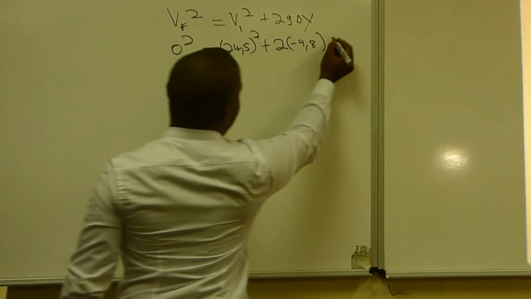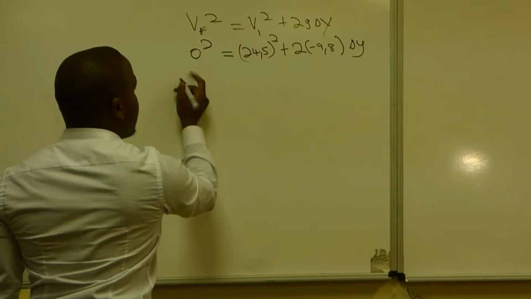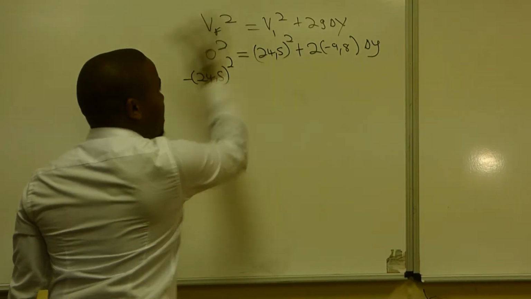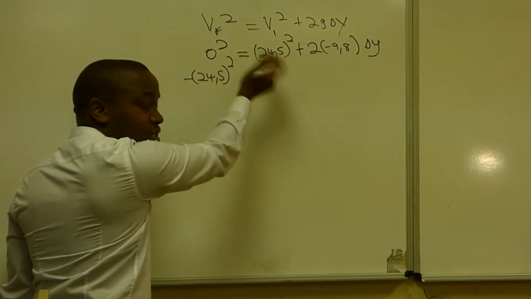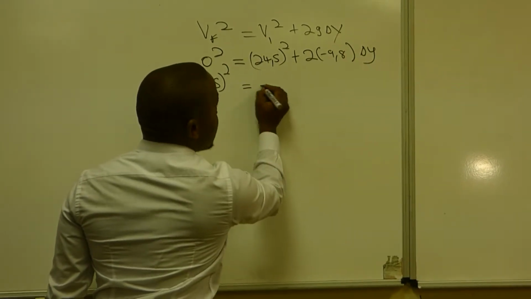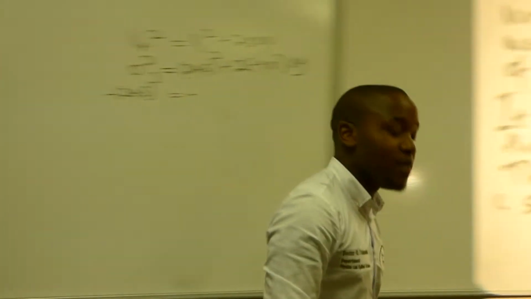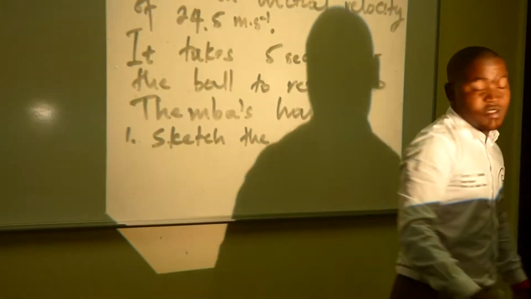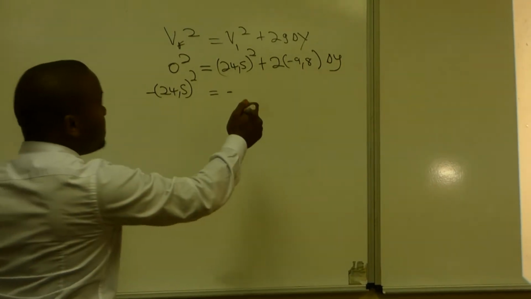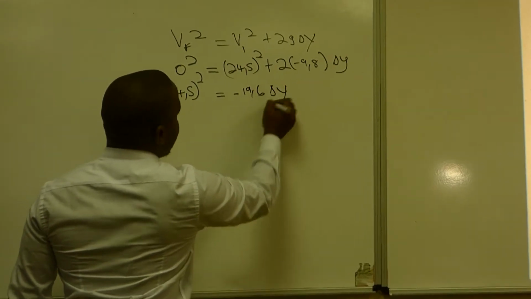Good. Now I have delta y there. It's easy to see that I'm going to have negative 24.5 squared, I'm just moving it to the other side. Now this will be negative 2 times 9.8, negative 19.6 delta y.